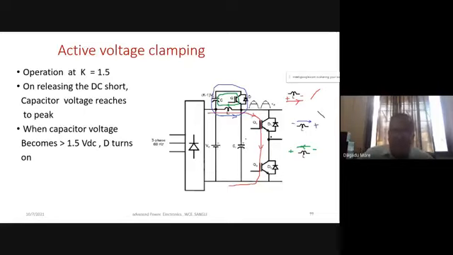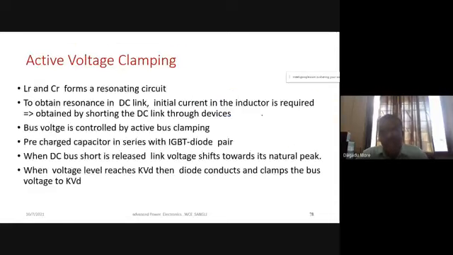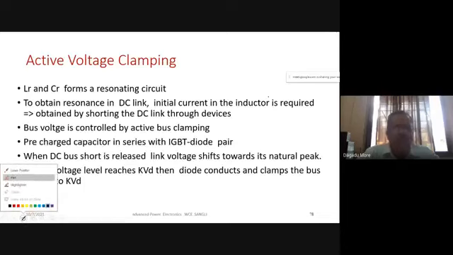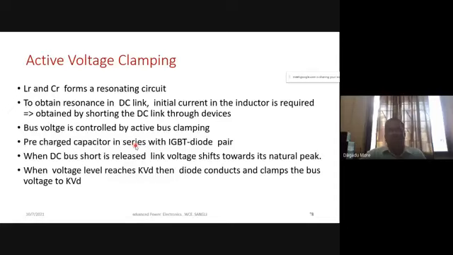So this is how the circuit operation will take place, and that we have just listed here. We are putting a pre-charge capacitor in series with an IGBT diode pair. When the DC bus short is released, the link voltage shifts towards the natural peak.